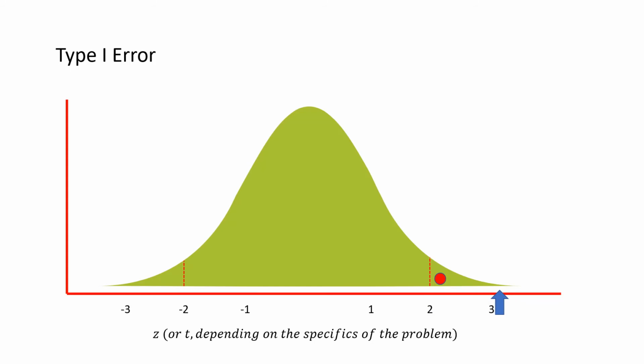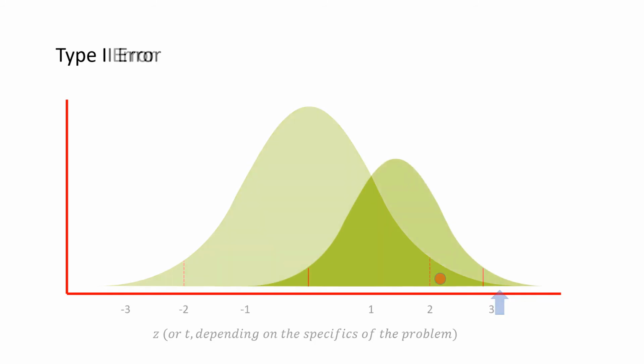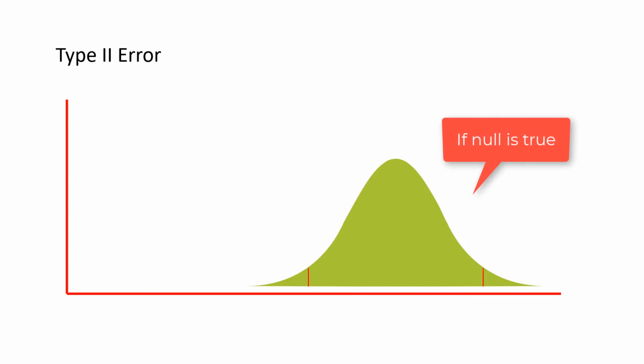A type 2 error occurs in the opposite situation. A type 2 error occurs when we fail to reject a null hypothesis that's in fact false. This kind of error is a bit harder to explain. Let's start out by pointing out that if our null hypothesis is in fact true, then our sampling distribution will look like this.